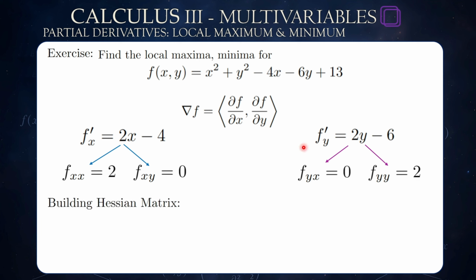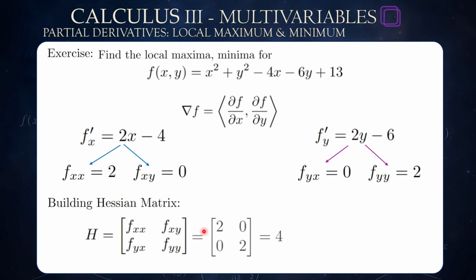Building the Hessian matrix. H is equal to fxx, fxy, fyx, fyy, first and second row respectively, which is equal to 2, 0, 0, 2. You solve it by same method of the determinant, so it is 2 times 2 minus 0, which is 4.